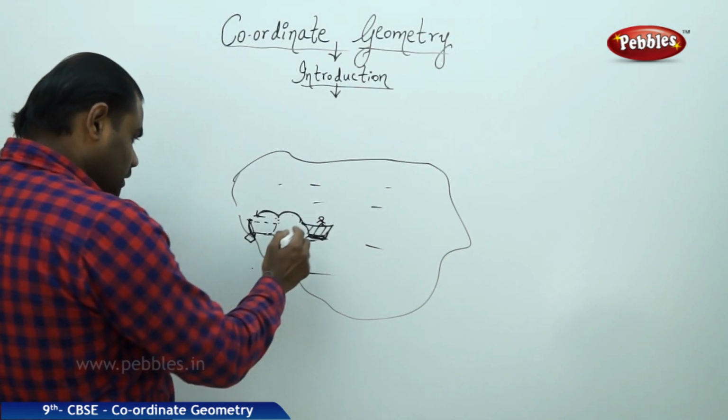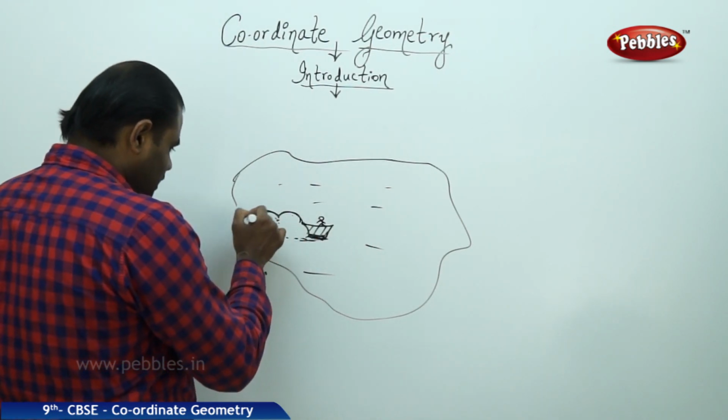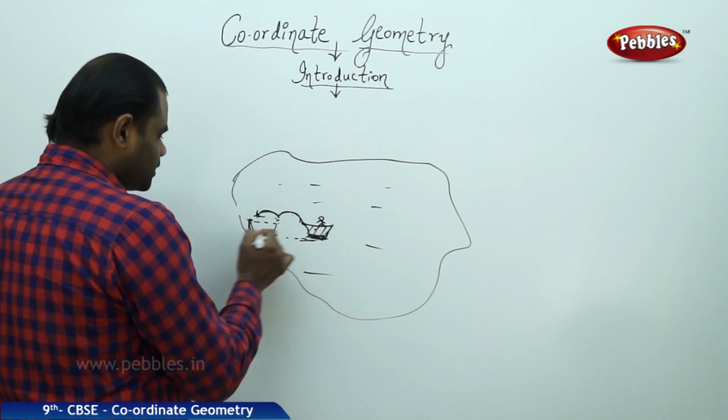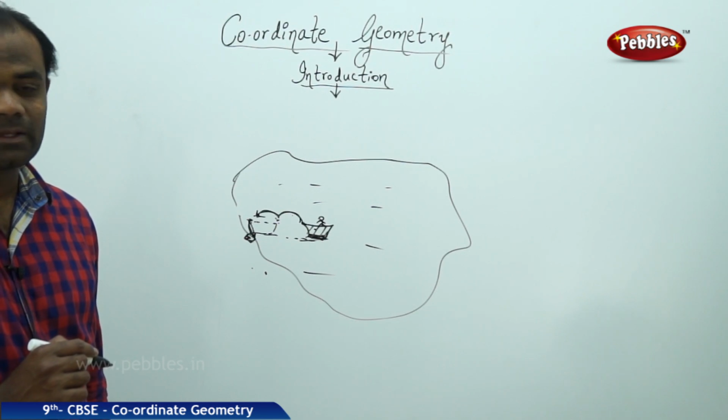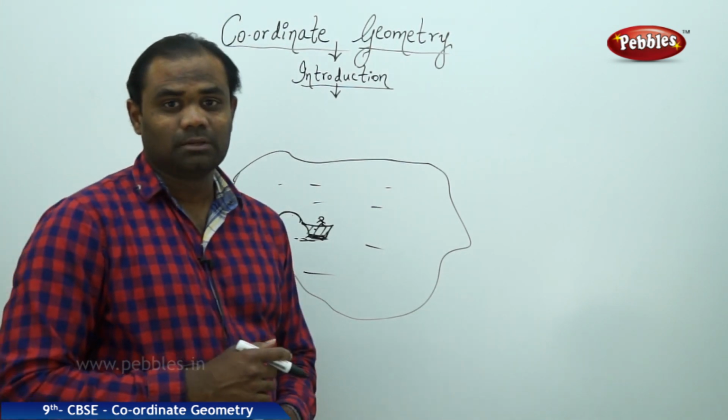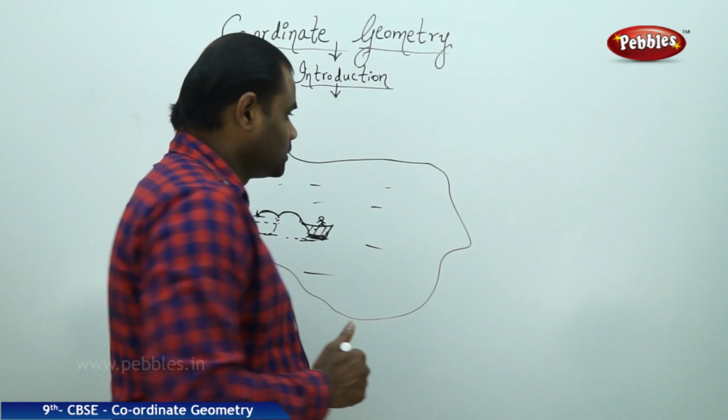So the person who is 2 units left and 1 unit down is where he reaches the bank in the destination. So let's see how this is possible more briefly through the graph.